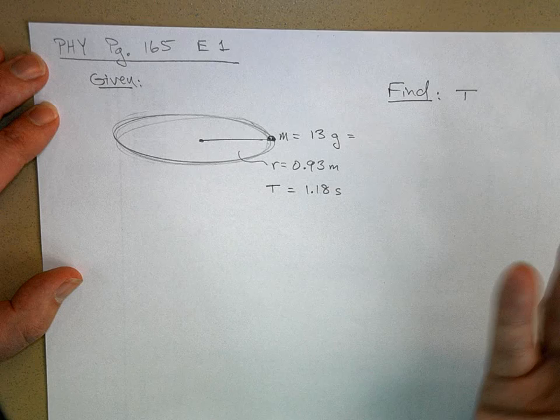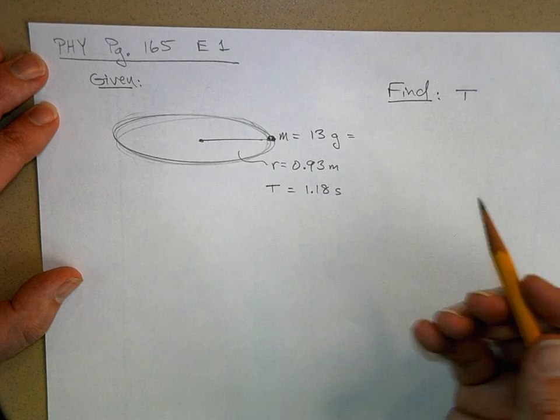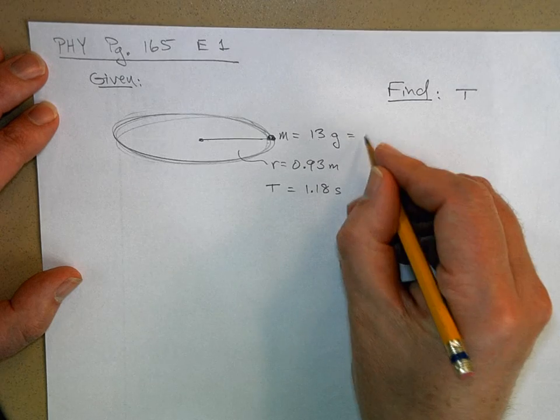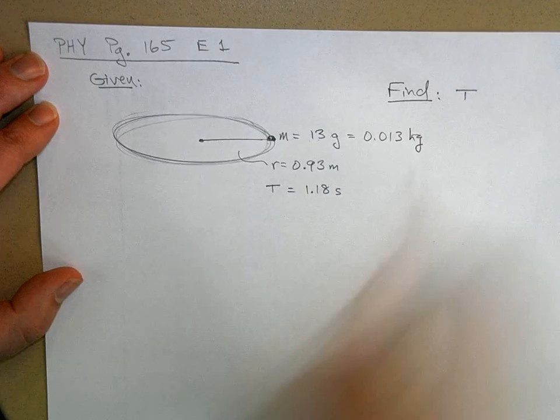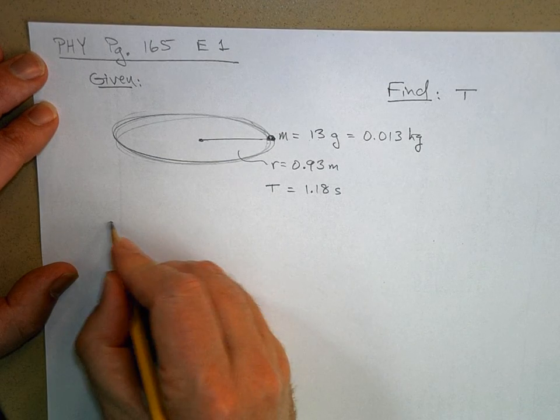How many grams in a kilogram? Kilo means 1,000, so you want to make this 1,000 times smaller: 0.013 kilograms. And so let's solve.